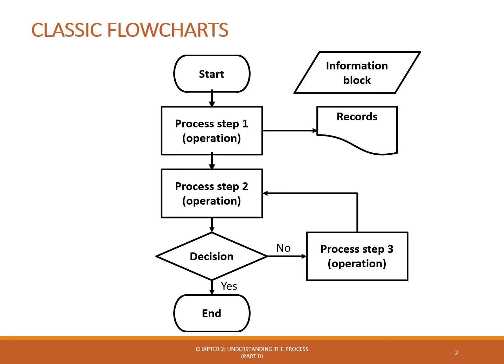For a complete description of the process, it's important that all operations in the rectangles and all decisions in the diamonds should be connected from the start to the end oval. If the flowchart cannot be drawn this way, then the process is not fully characterized.